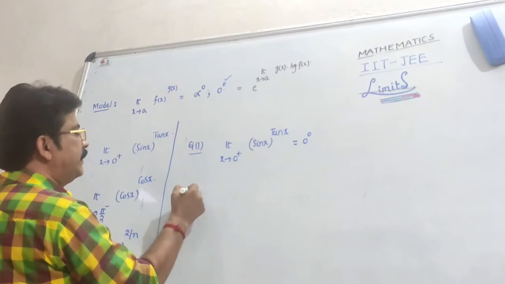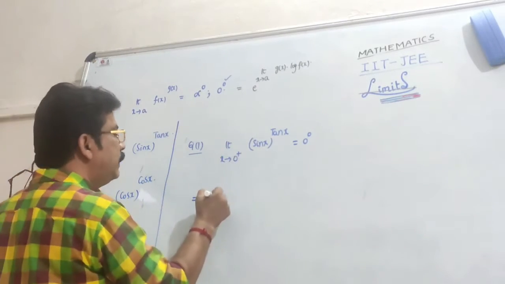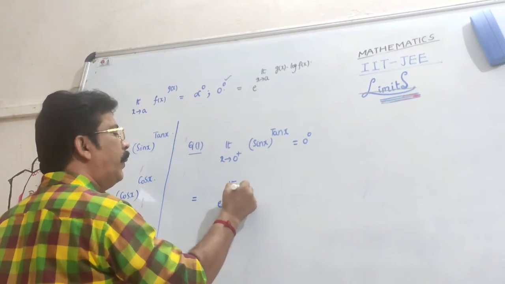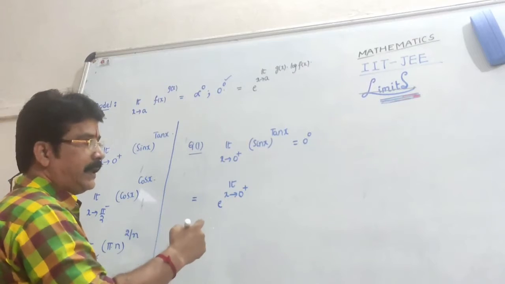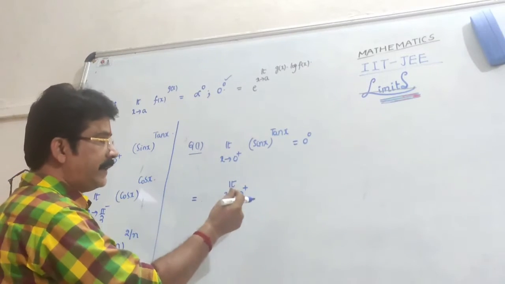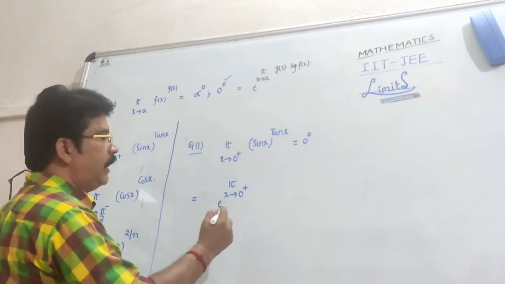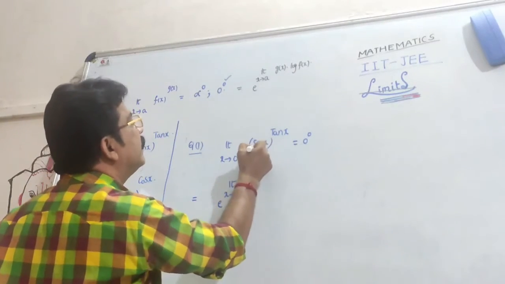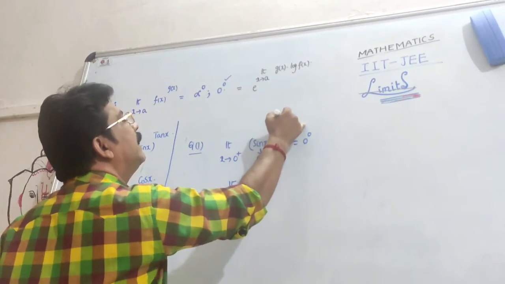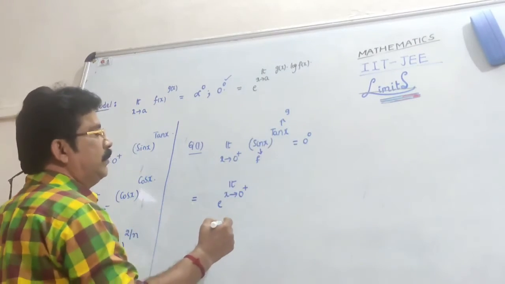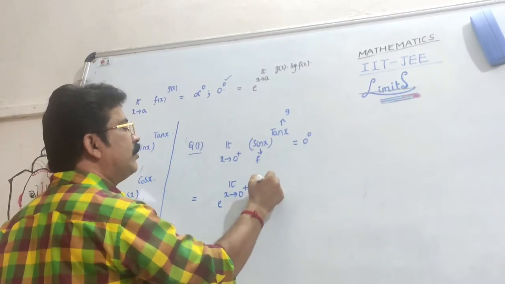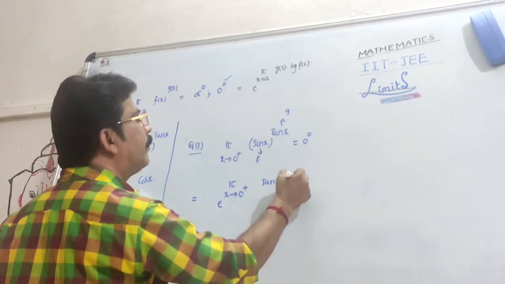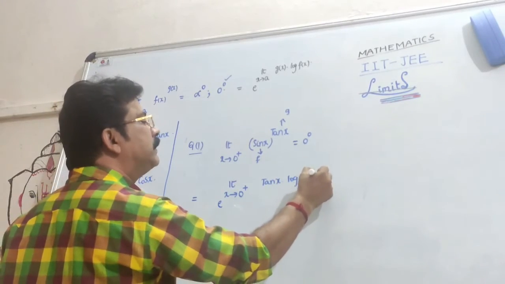So therefore the answer is e power limit x tends to 0 plus, which stands for the direction, means right hand side at x equal to 0, but x not equal to 0, remember. So this is f of x and it will be g of x. So therefore g of x means tan x into logarithm of sin x.